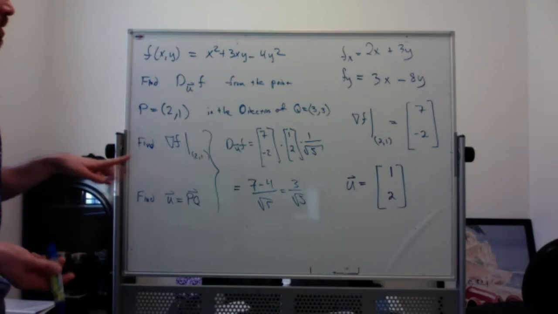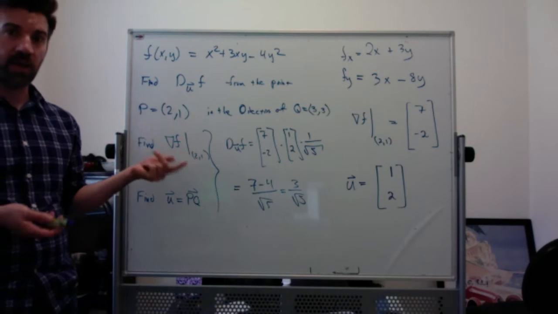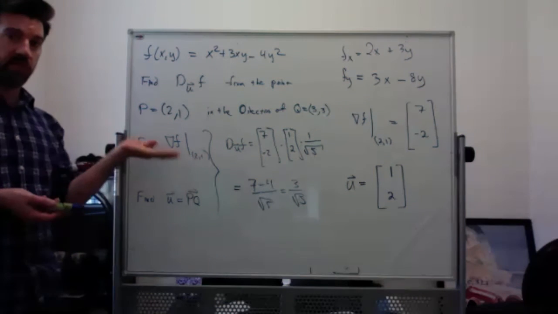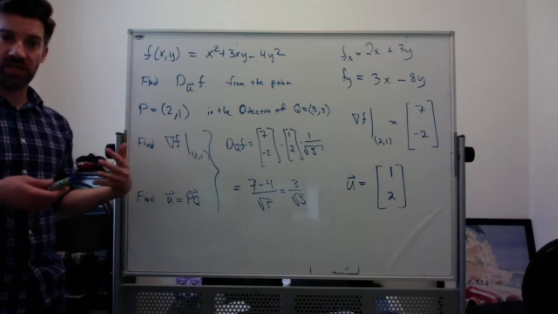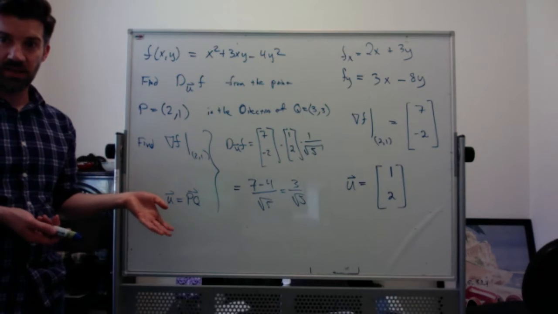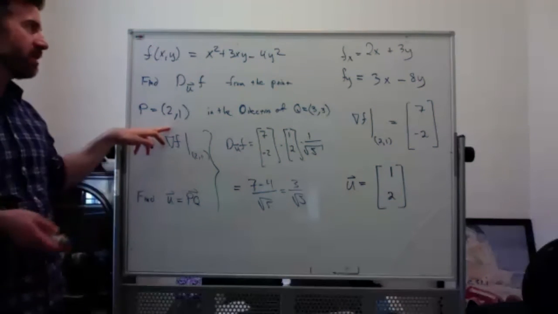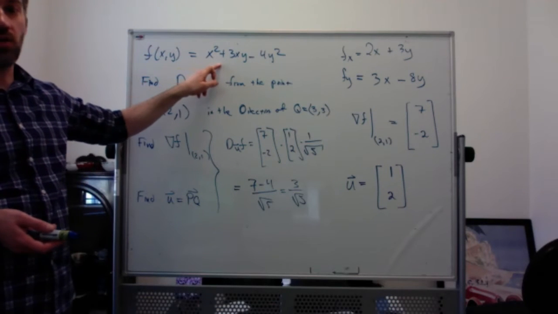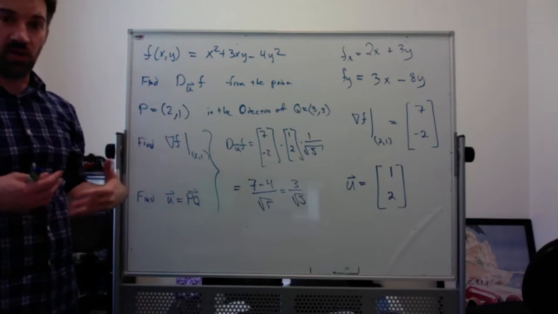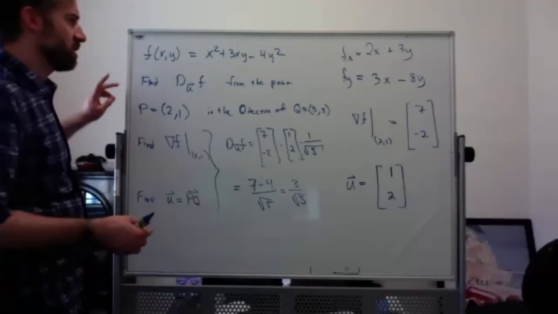Okay. A question people often like to ask about this sort of thing is, what's the direction of steepest ascent? Meaning, if I was at this point on this surface, what direction would I need to travel in to go up the fastest or down the fastest? So I'm going to erase some of this, but not all of it.